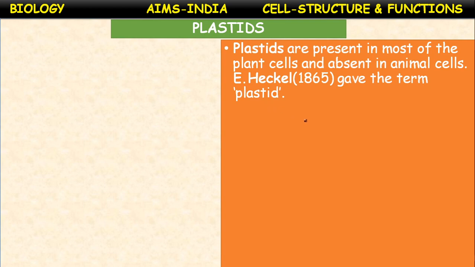With the help of the teacher, you can also do this activity. After mounting it in water on a slide, observe it under a microscope. You will observe small green disc-like granules called chloroplasts. You can also draw that picture while observing.